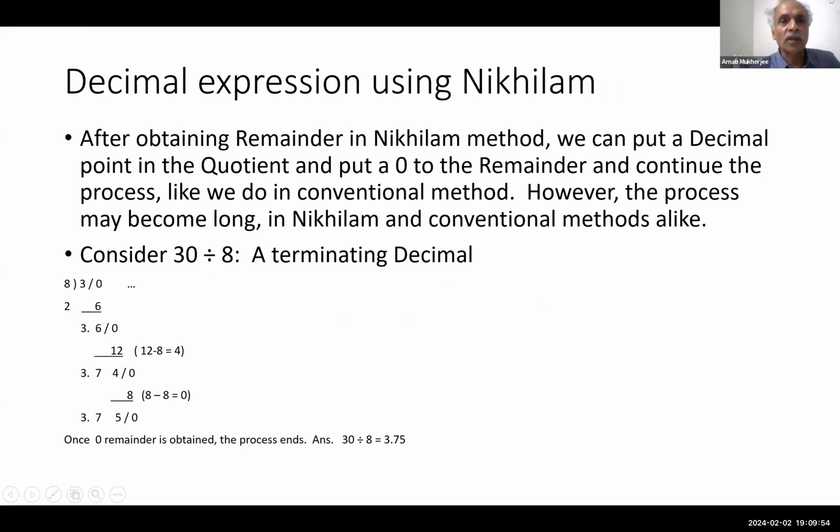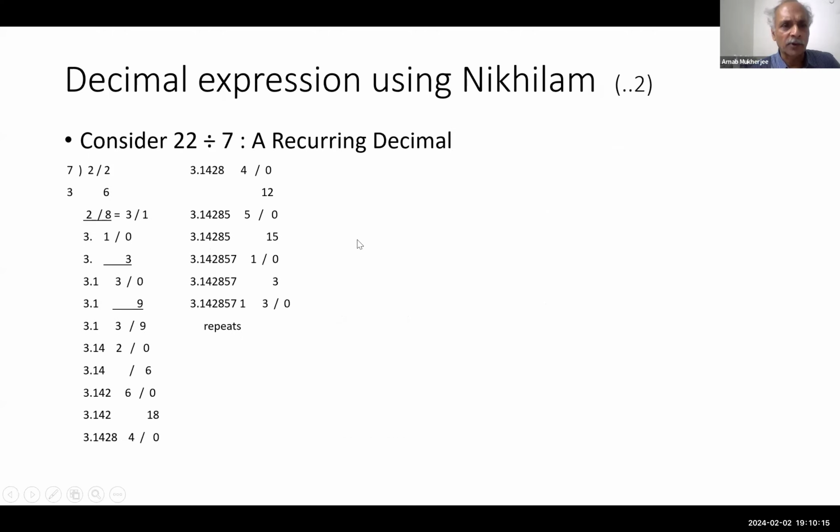Now, after obtaining the remainder in the Nikhilam method, we can keep on putting the decimal point, as in the conventional method also. But in that process, both the Nikhilam and conventional methods become very long and cumbersome. I have shown some; you can go through them later. This is not my main point of discussion today, so I skip.